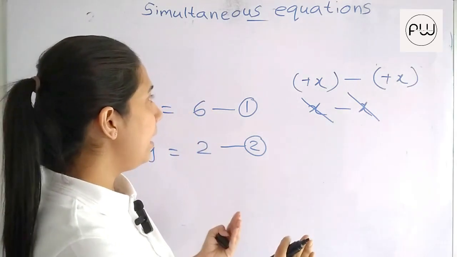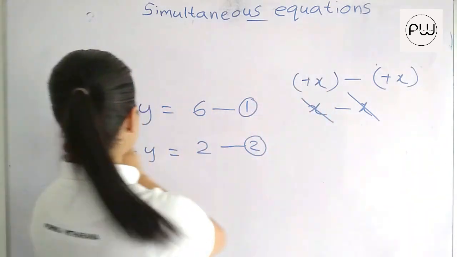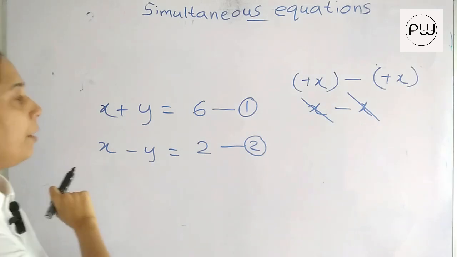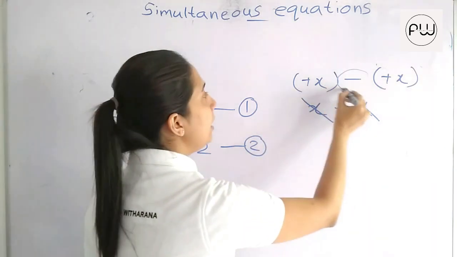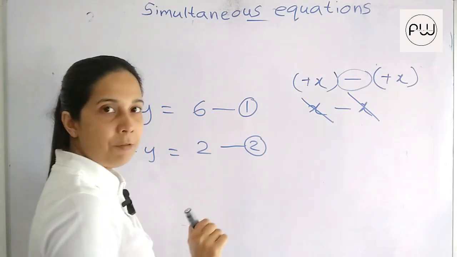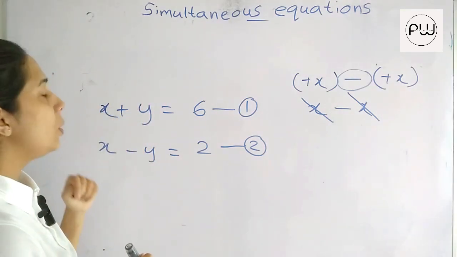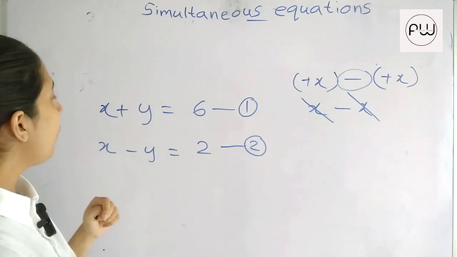Then if we select the x term to cancel out, what we have to do? We can subtract one equation from the other one, right? So the coefficients of y are also equal in these two equations.